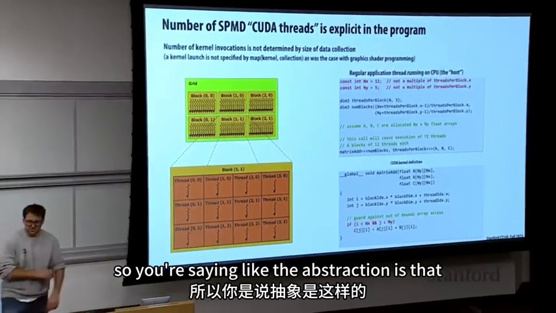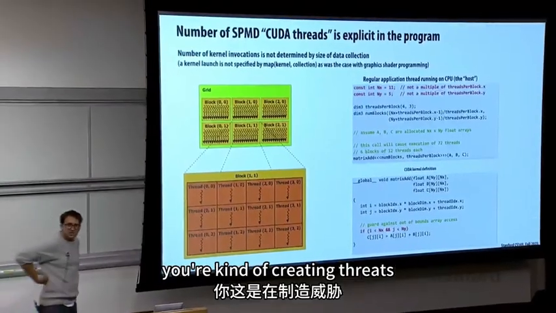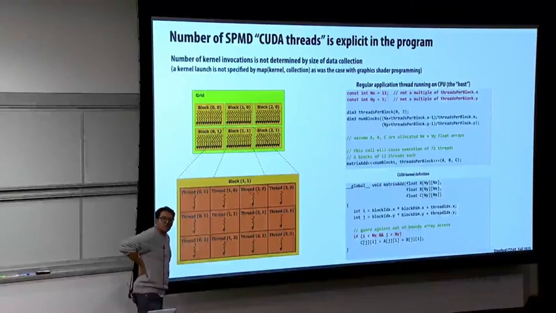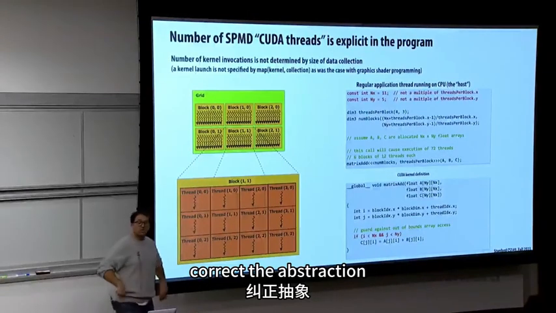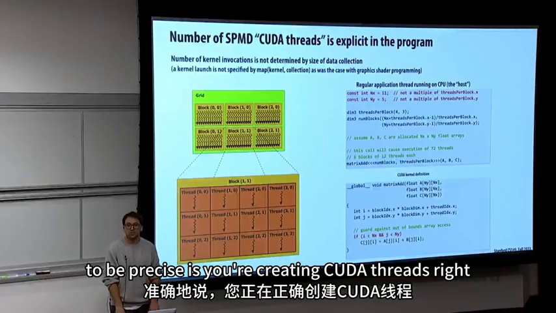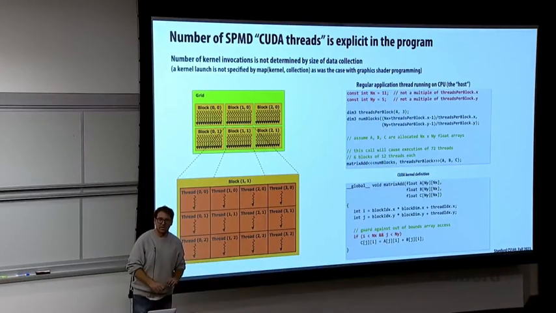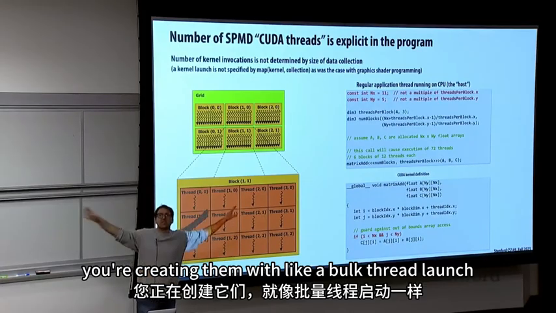Yeah. So you're saying the abstraction is that you're kind of creating threads, but it's just the implementation that's very different. Like CUDA versus like CPU. Correct. The abstraction, to be precise, is you're creating CUDA threads, right? But you're not creating them one by one. You're creating them with a bulk thread launch.